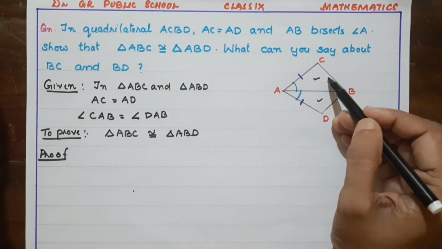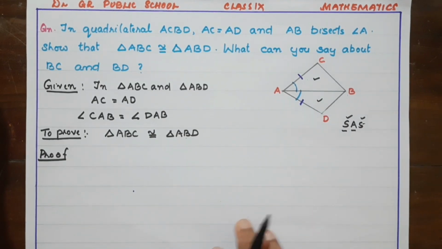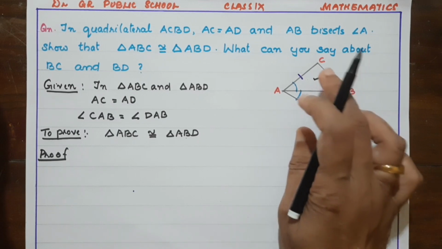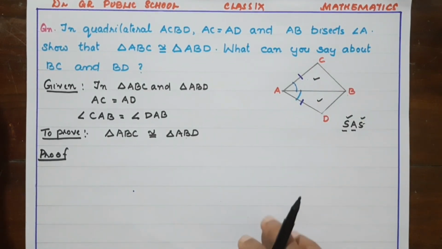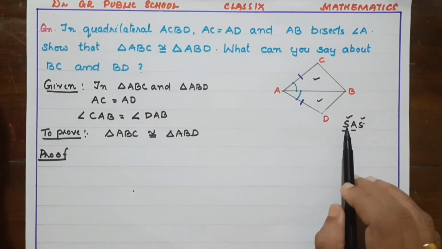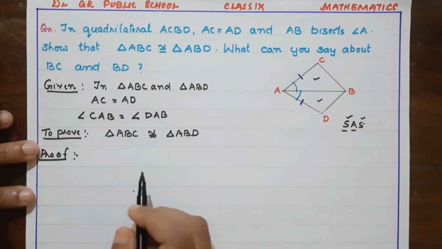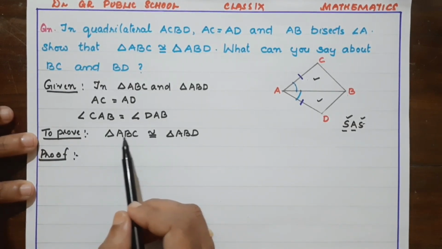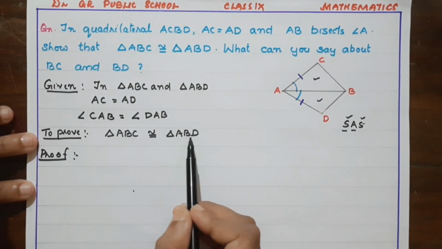The reason: this AB is a common side of both triangles. That means we got these three equalities. Let's write these equalities. The triangles we have to prove congruent are triangle ABC and triangle ABD.